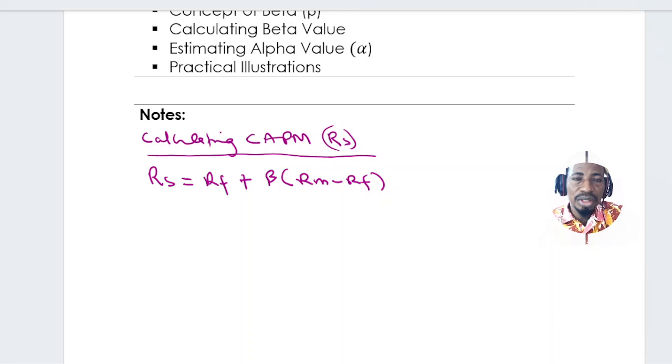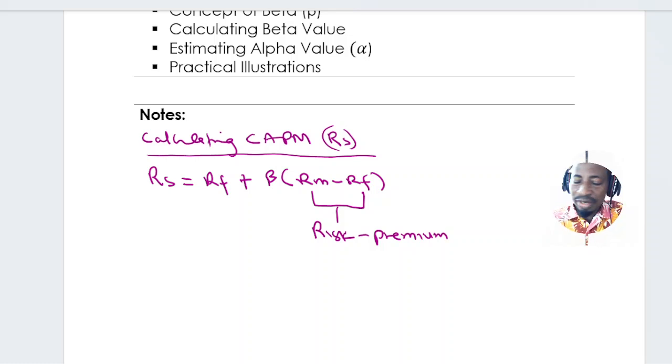All of these are risk-free. When you invest in those securities, your investment is secured. This is because the government is not going anywhere and is continuing, so your investments cannot be eroded. The difference between the market return and the risk-free rate of return is what is called the risk premium.